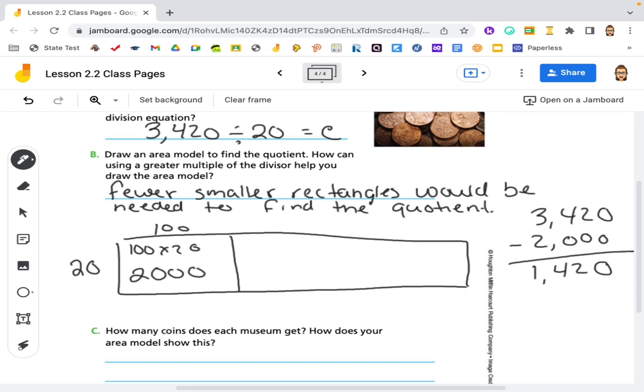So now I could go down to my tens, but that's still going to be a lot. So I know that we got 2,000, and we still have over half of that. So half of 100 is 50. So 20 times 50 is 1,000.